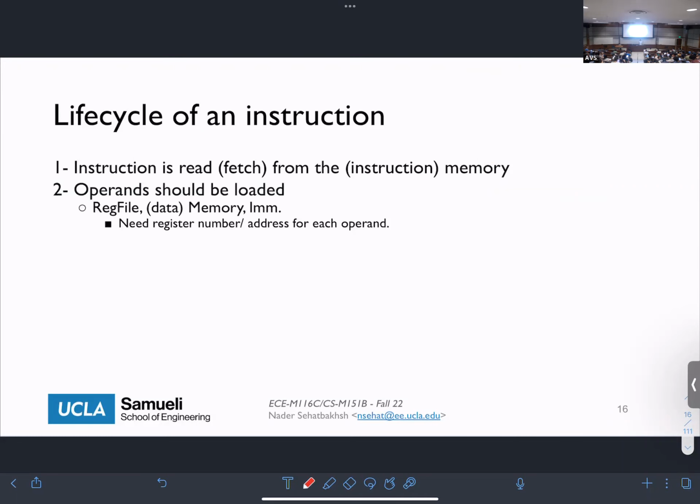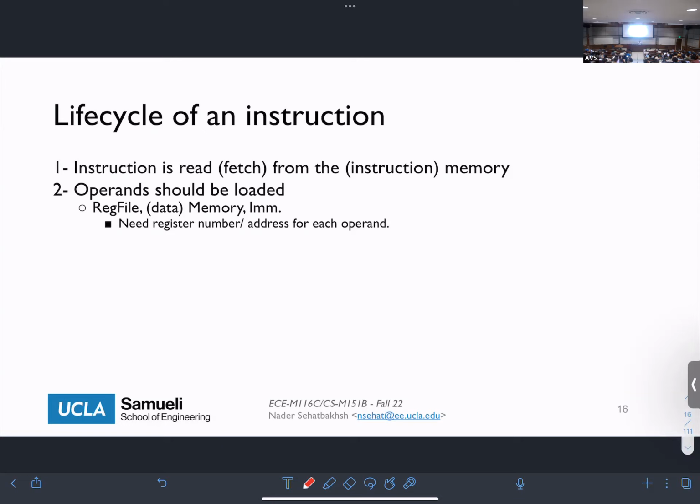Once we fetch the instruction, there are steps to understand what the operands are, if we need to go and read the operands, and then do something with them. So the second step is we need to read, or load, the operands. If you remember, last time we said that there are three different types of operands: immediates, registers, and memory operands, right?